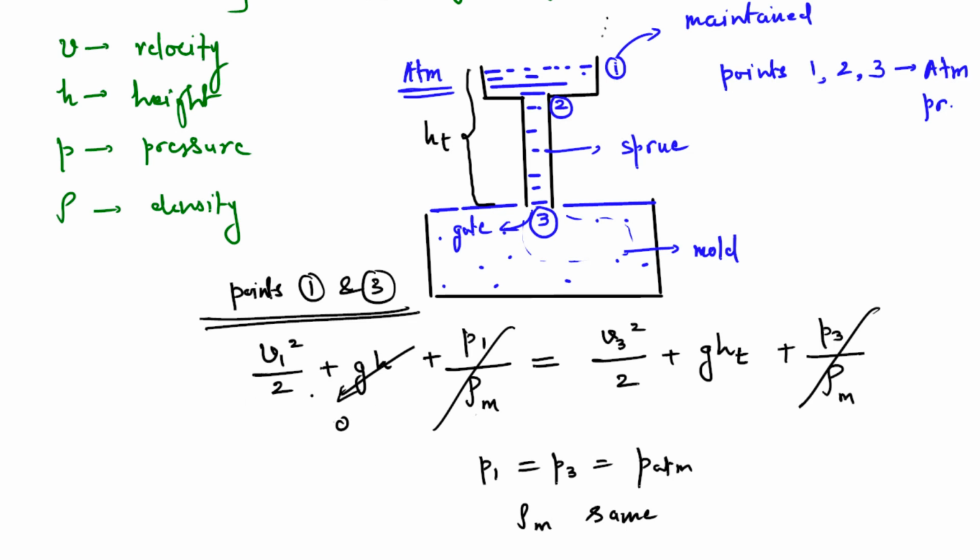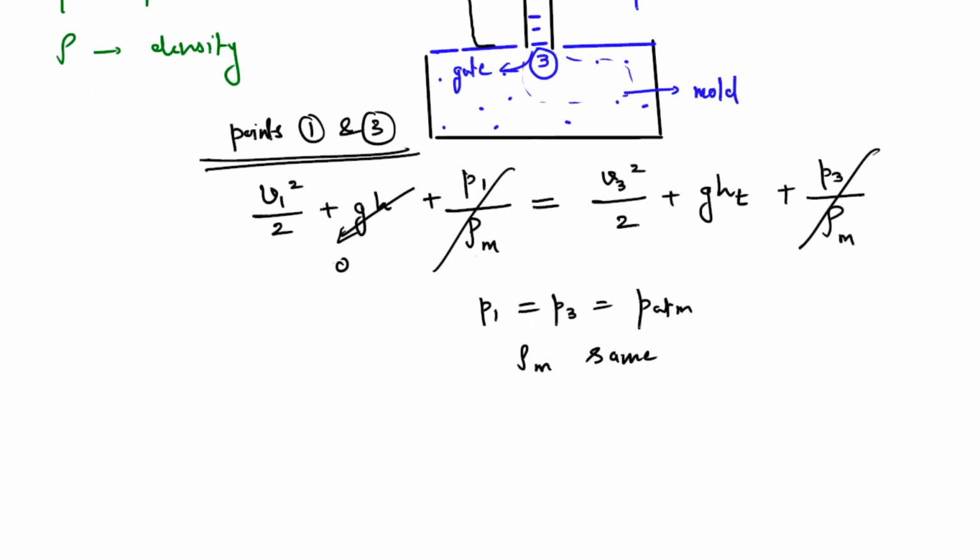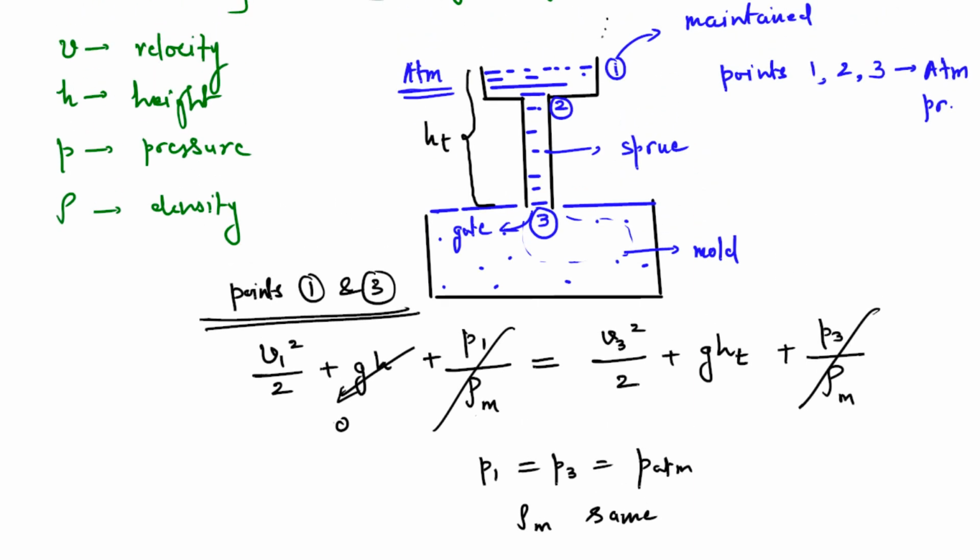Now, what is V1? V1 is also 0, because at that point we are just maintaining a certain level and there is no particular velocity in the fluid.